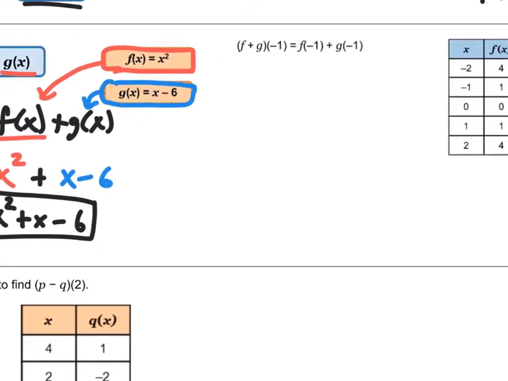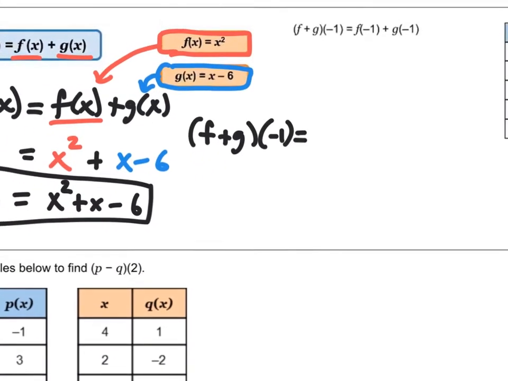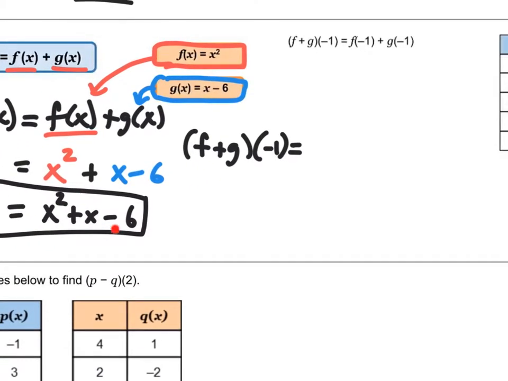I'm going to take f plus g of -1, and plug -1 in for x into that function. I'm going to take -1, square it, plus the quantity -1, and then minus 6.